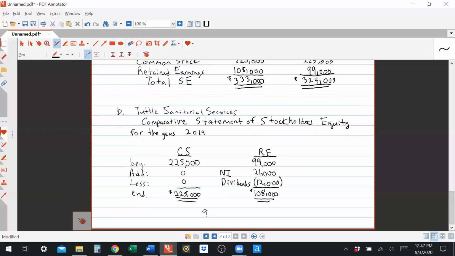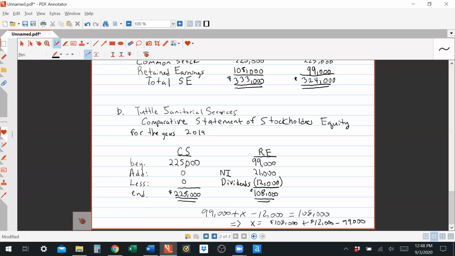You can do it down here, 99,000 plus X minus 12,000 equals 108. And then rearrange, solve the equation for X. So if that's the equation, then that implies that X has to equal 108,000 plus 12,000 minus 99,000.